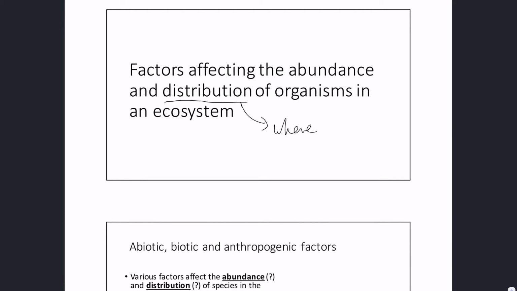So the distribution is really where these organisms are, and the abundance is how many or how much of that organism is there.